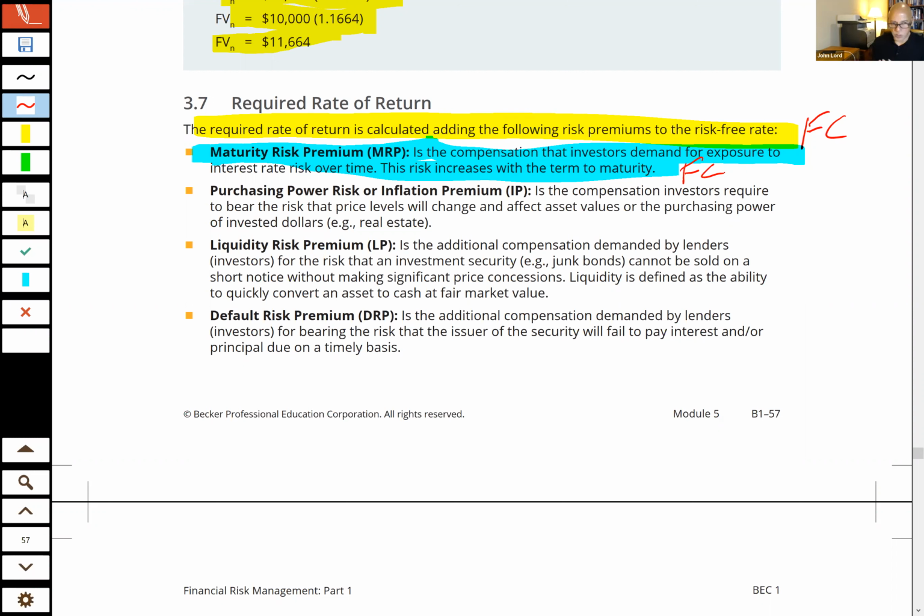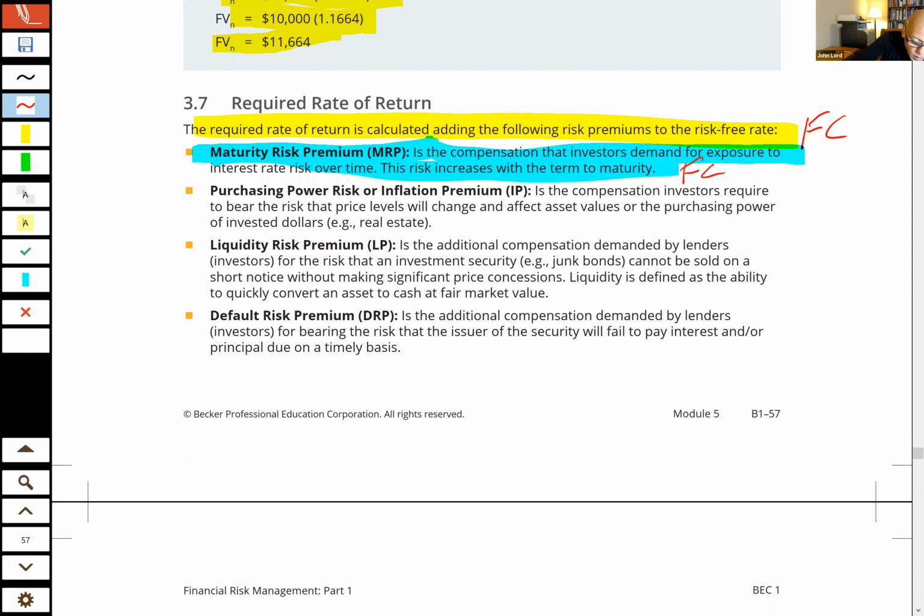That's why when you have a 15-year mortgage versus a 30-year mortgage, the rates tend to be lower on a 15-year mortgage, because with the 30-year they have to wait longer, and so there's more chance that stuff will happen during the term of that loan.